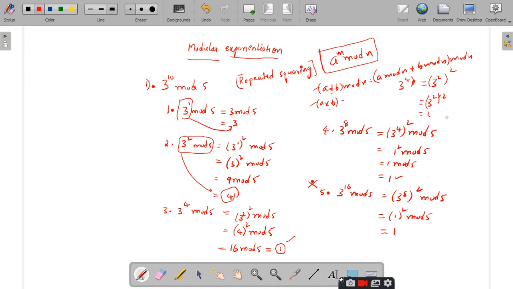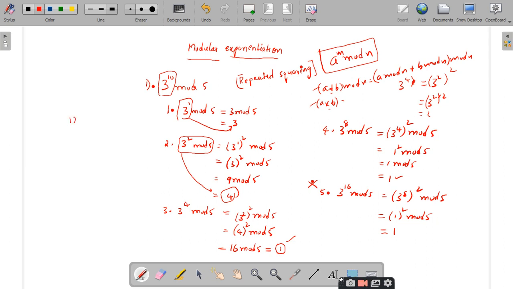Now our task is to find 3 power 10 mod 5. I have the values of 3 power 1, which is 3, 3 square is 4, 3 power 4 is 1, 3 power 8 is 1. Now what is the combination of 10 from these powers?